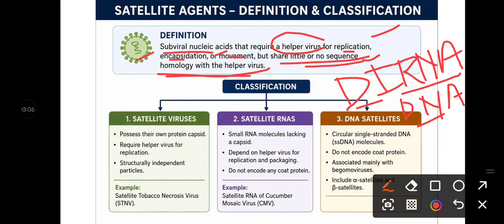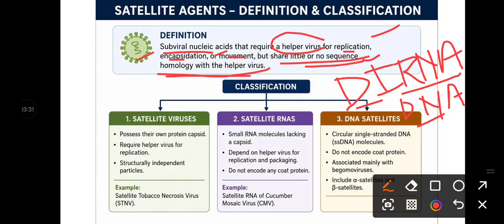Next, about the classification. So 3 types of satellite agents are there, based on their dependence on the helper virus. Up to how much extent they depend on the helper virus, they are classified into these 3 groups.